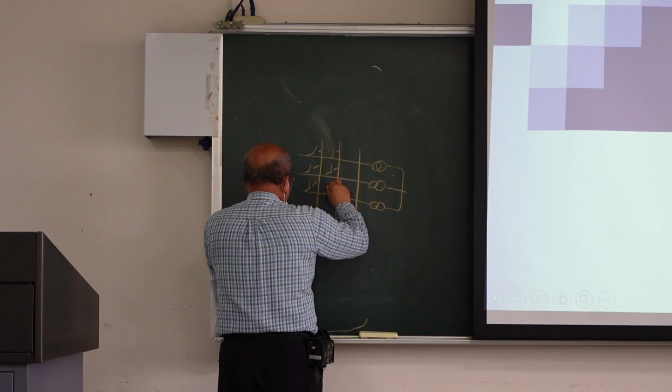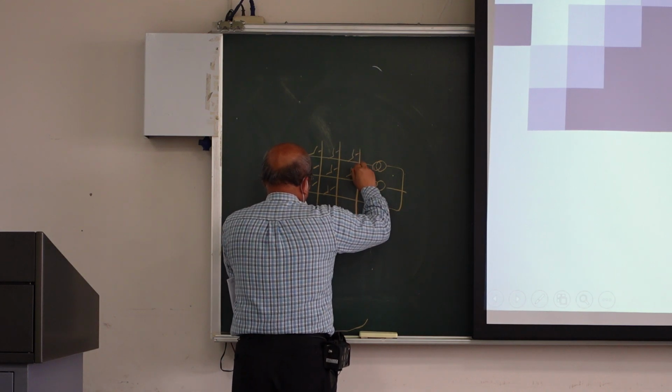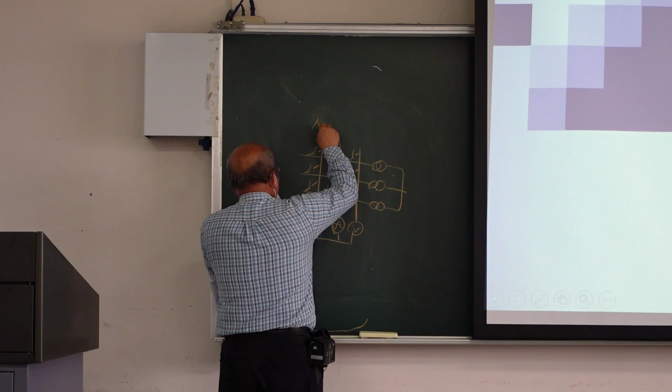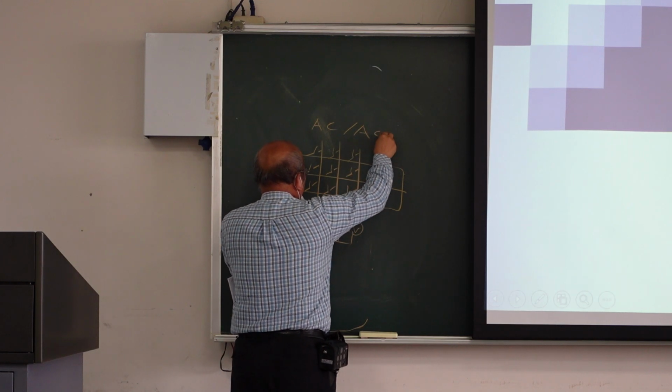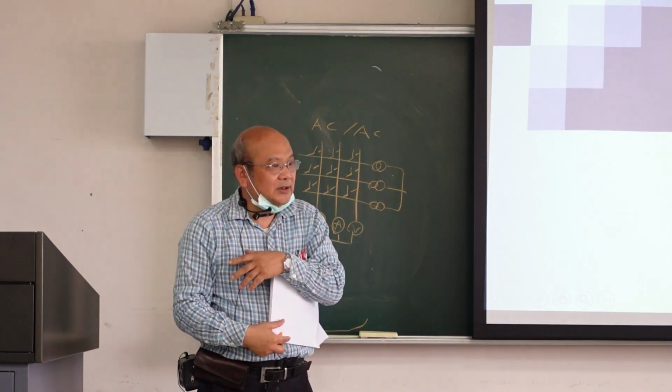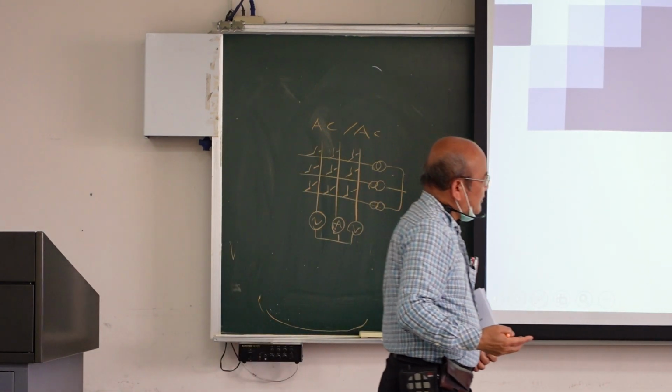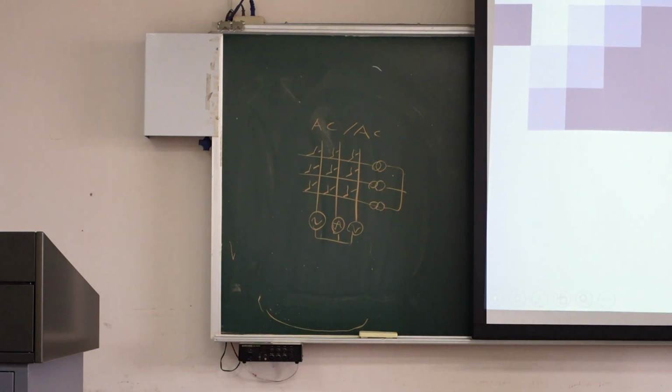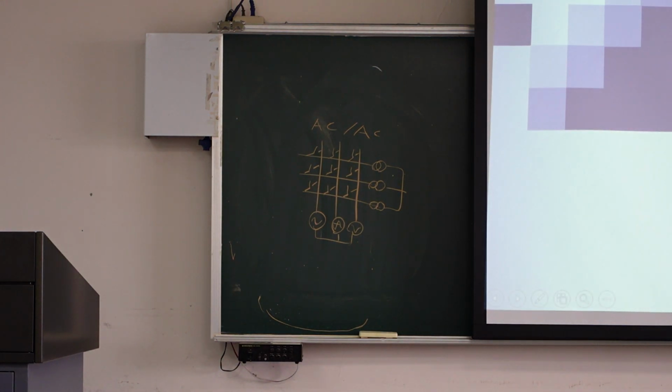So then we have AC to AC, not AC to DC and DC to AC. We have AC to AC. Then the idea is good, right? If you have power conversion, do you like 2-stage power conversion, or do you like 1-stage power conversion? The more stages, the lower the efficiency.